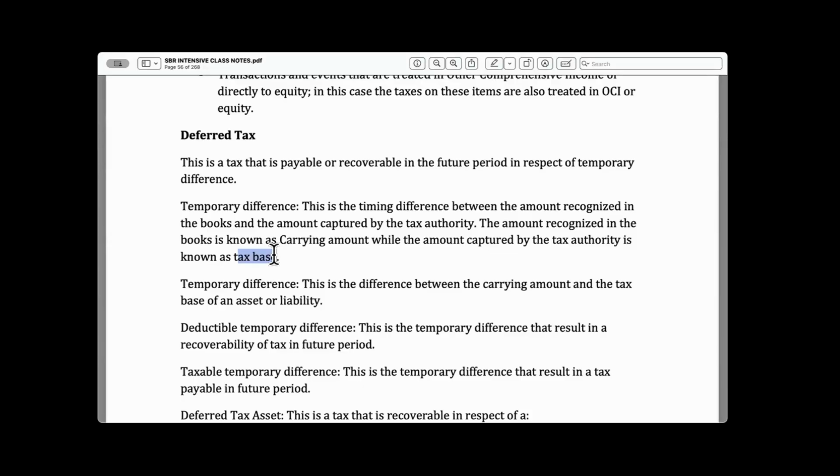And you need to distinguish this from permanent difference. So items like donation: when you make a donation to unapproved bodies and you put it in your books as an expense, the taxman will disallow it permanently because the donation was made to unapproved bodies.